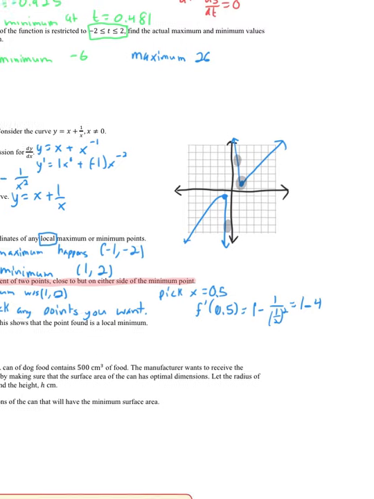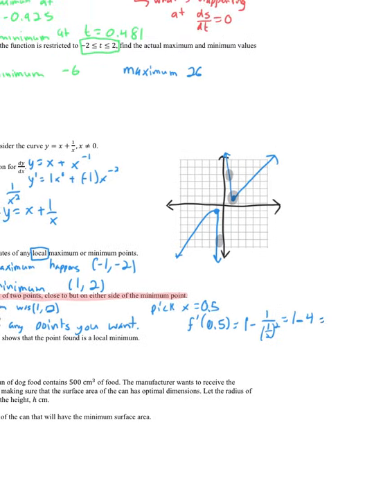There we go. 1 minus 4, so it becomes -3. So 0.5 comma -3. That's for the derivative. So obviously the 0.5 comma -3 is not going to match up with this graph up here. But that's telling us, hey, we have a negative slope, which does check out. This is a negative slope on the left side of the graph.